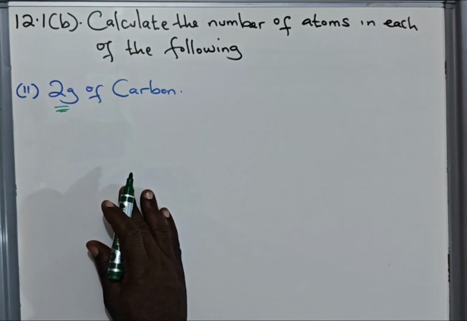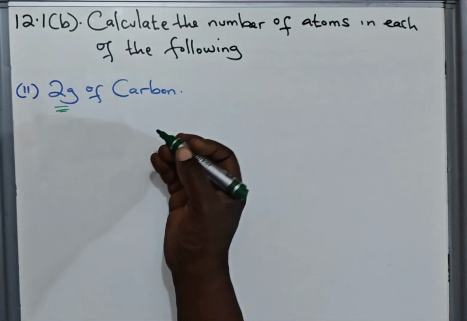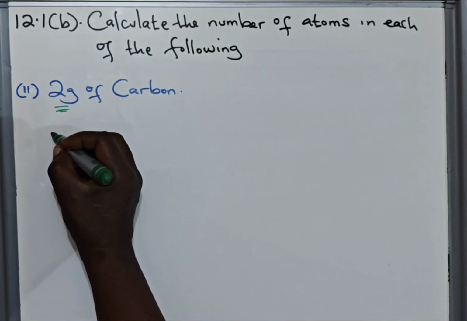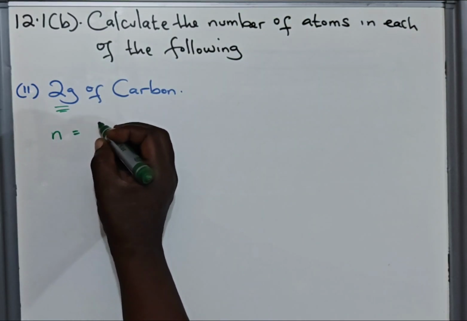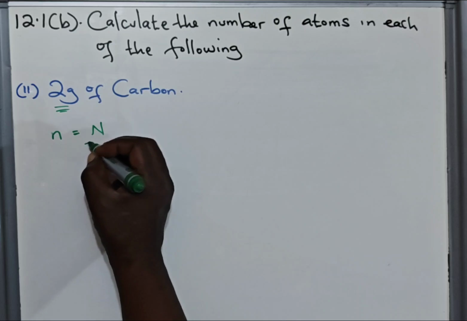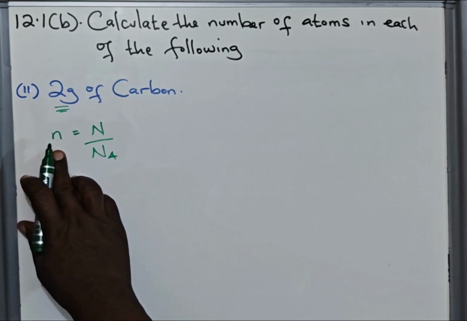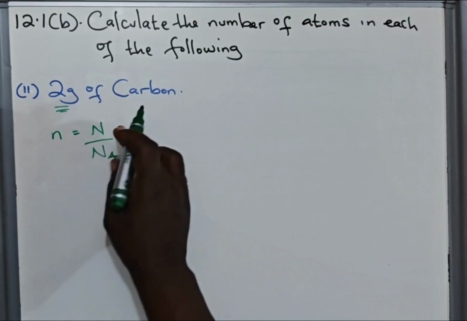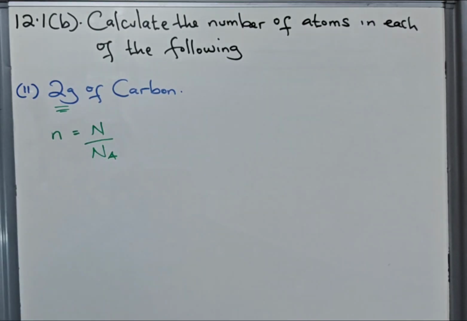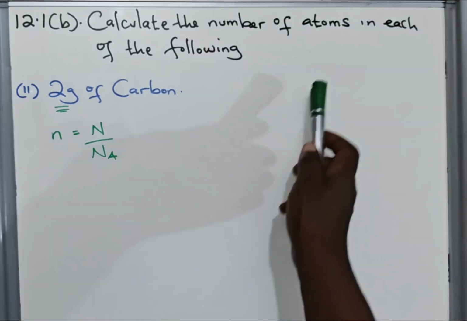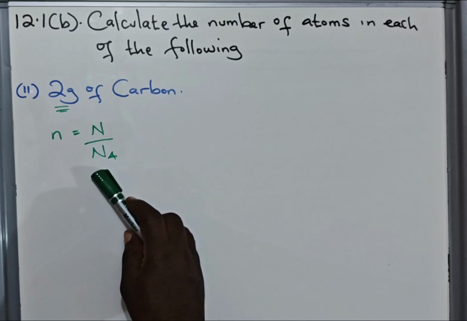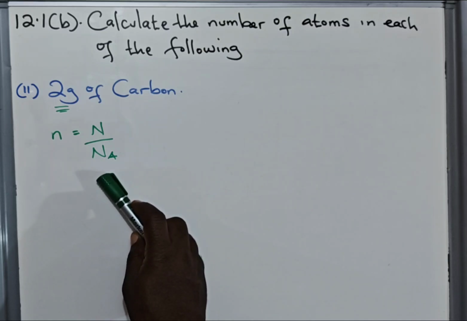Here we have grams. The relationship we have from Avogadro says n is equal to capital N over Na, where small n is number of moles, capital N is number of entities, this time around number of atoms, and Na is Avogadro number.